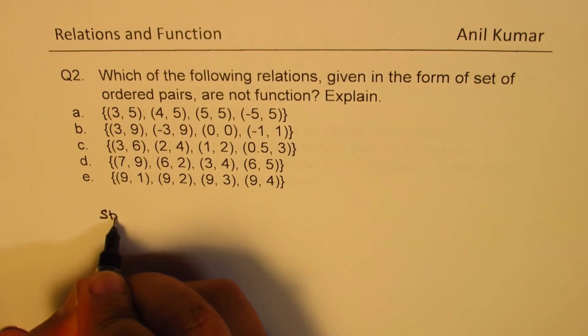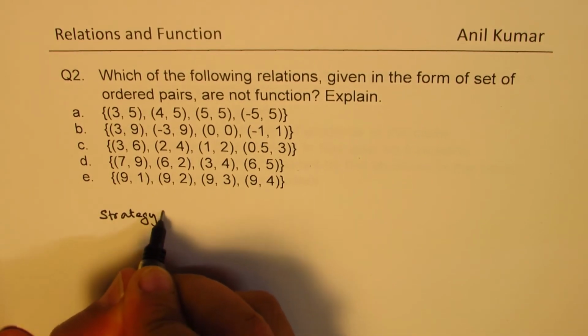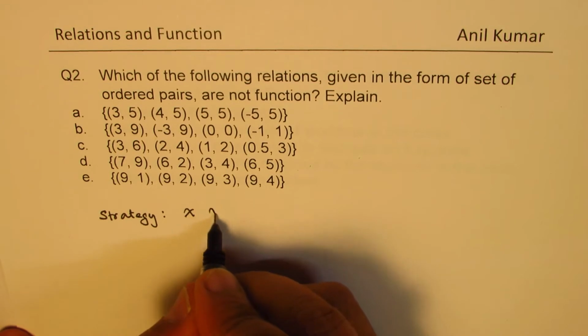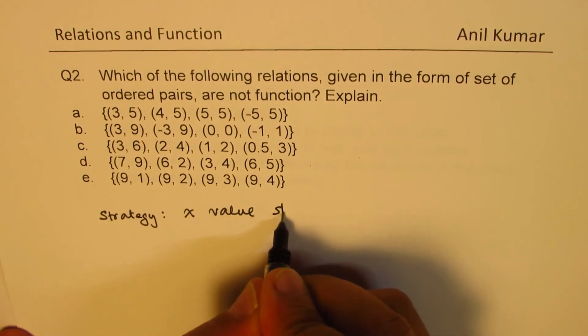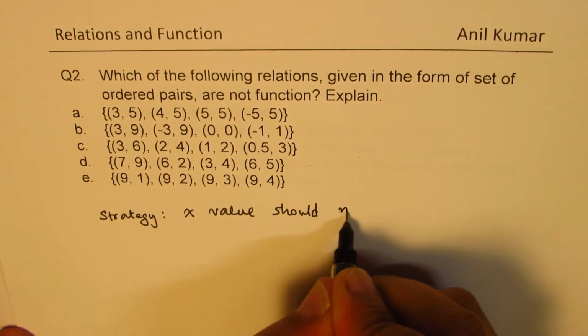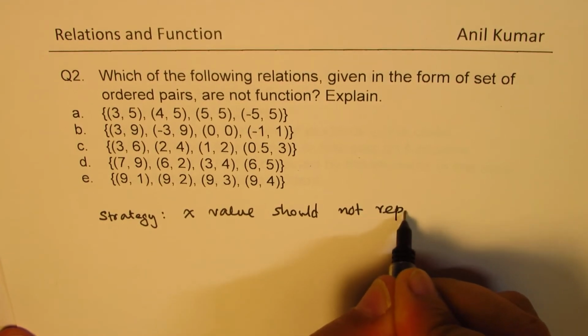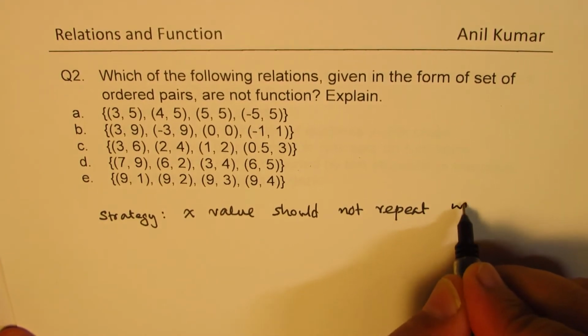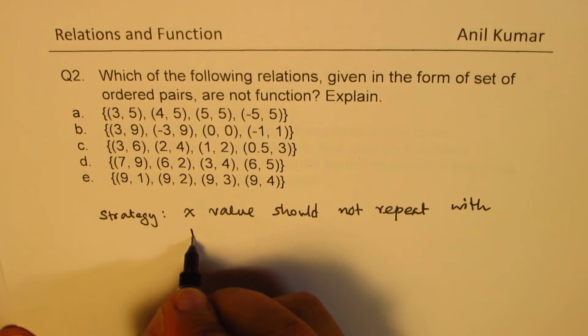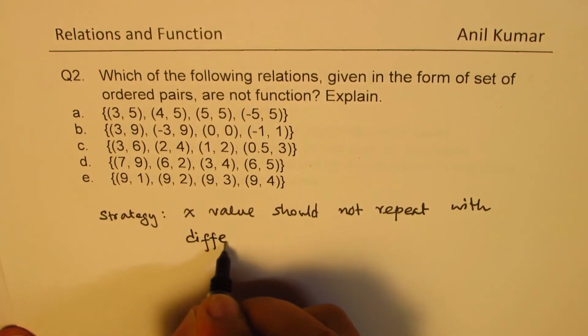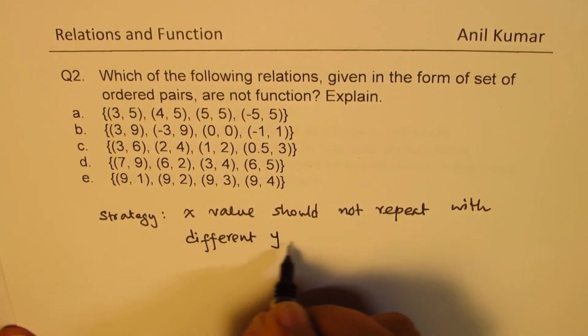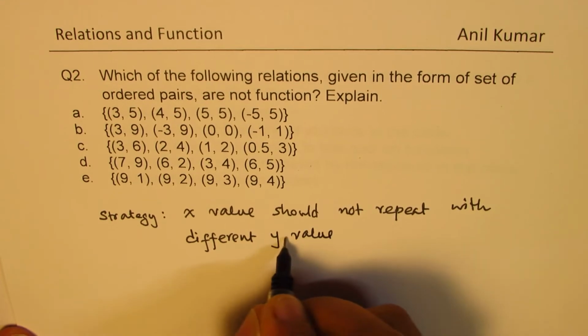The strategy is: x value should not repeat with different y value. Is that clear?